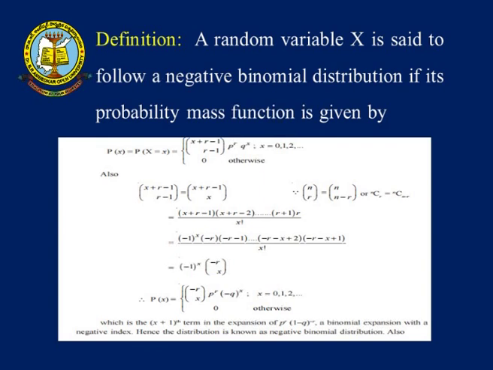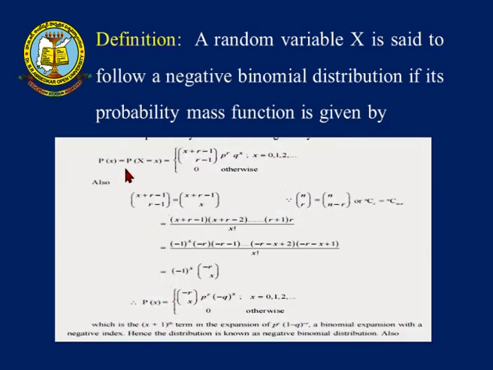A random variable X is said to follow a negative binomial distribution if its probability mass function is given by P(X = x) = x plus r minus 1 C r minus 1 into p to the power of r into q to the power of x, where x takes the values 0, 1, 2, 3 and so on. Otherwise, the probability mass function is 0.